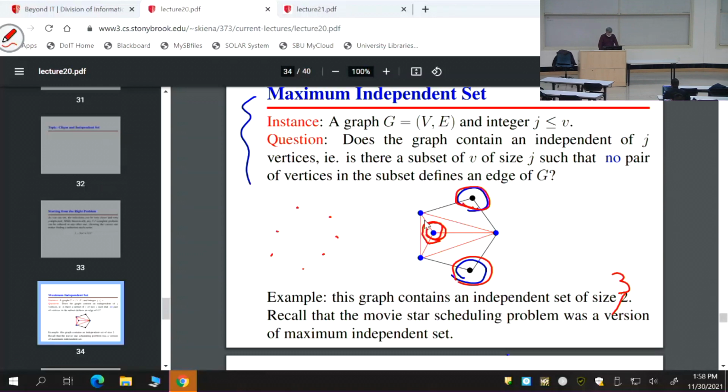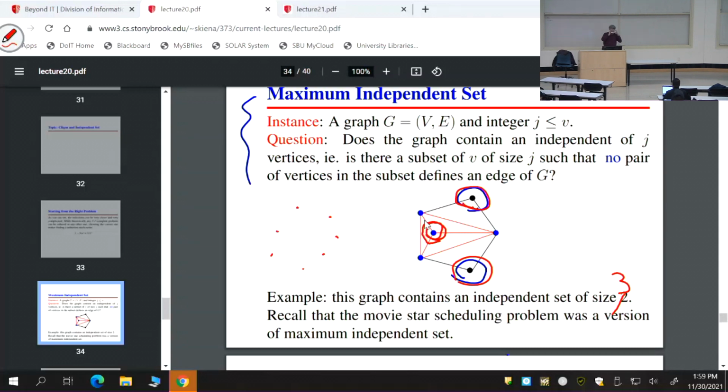So maximum independent set is trying to tell me what is the largest set of mutual strangers you can find in a network. Does everybody kind of get that idea? Okay. And this is also kind of a useful thing to find sometimes.